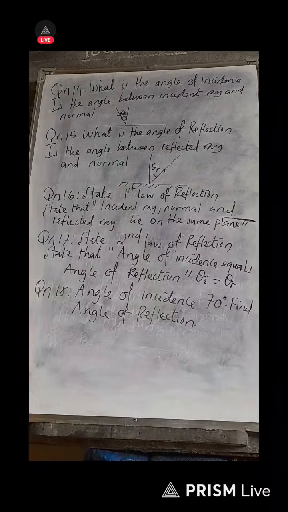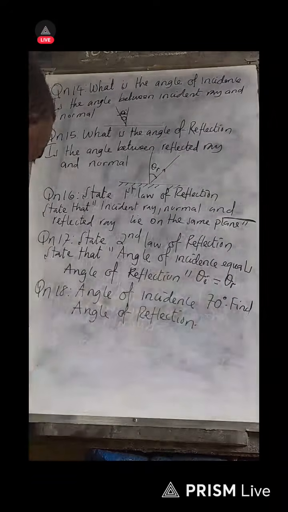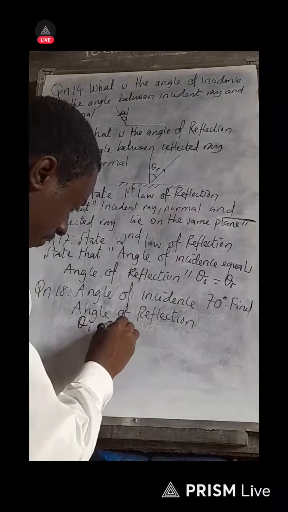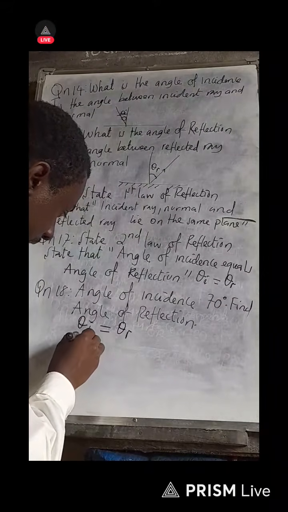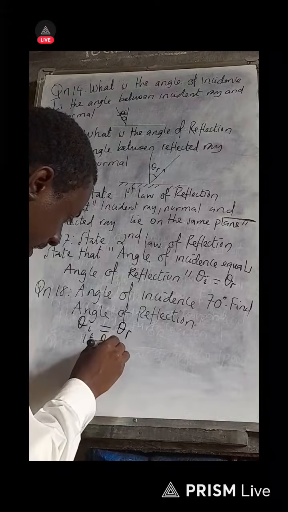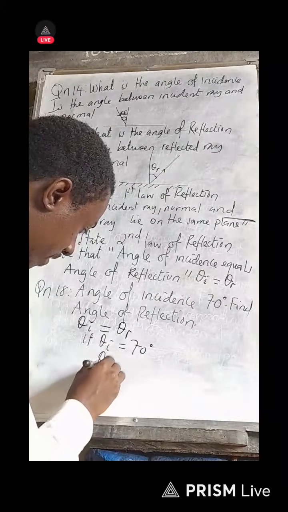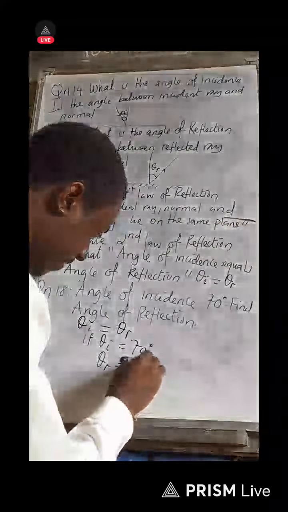What is very important to note is this. You should use the formula we know: angle of incidence is equal to angle of reflection. If the angle of incidence is given as 70 degrees, then the angle of reflection is also equal to 70 degrees.